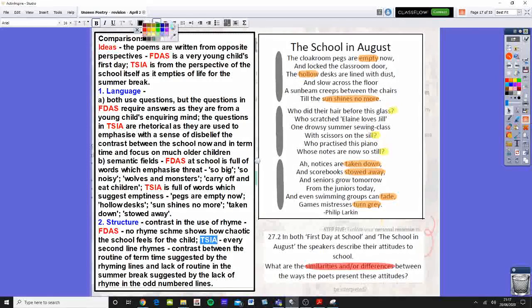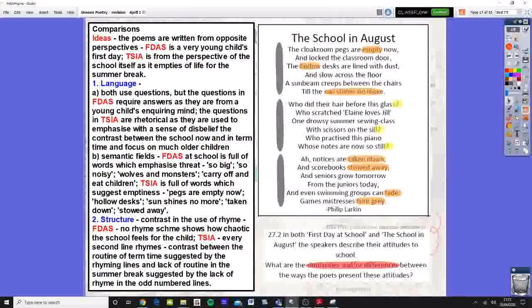Now it seems pretty clear from some of the content that School in August is a secondary school because of some of the things that are mentioned. Particularly the reference to the sewing class and Elaine loves Jill scratched into the windowsill with scissors. Definitely seems like much older, and we've got references to seniors and juniors as well in the last stanza. Okay, so that's your kind of overall comparison. It's always useful to come up with an overall comparison.